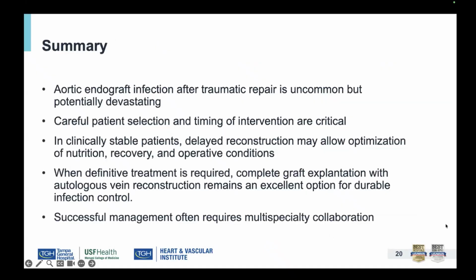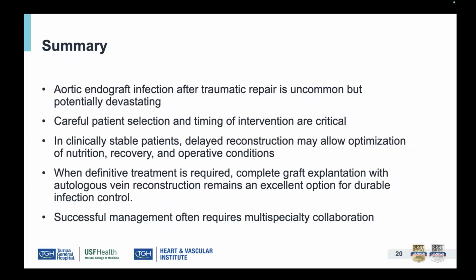So in summary, this is an uncommon but potentially devastating problem to have. Patient selection and timing of intervention, especially in this patient, I believe were critical. In a clinically stable patient like this gentleman was, ideally you'd like to delay reconstruction, since that may allow you to optimize their nutrition and recovery and their operative conditions.